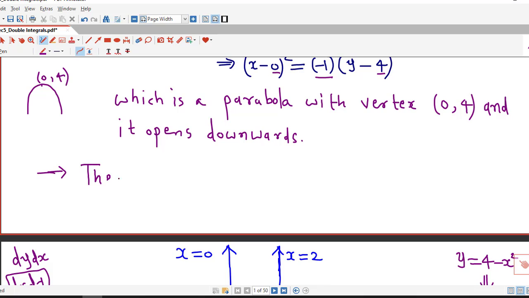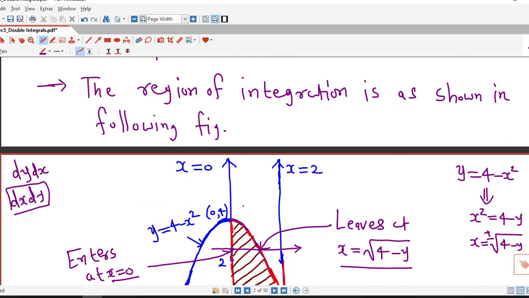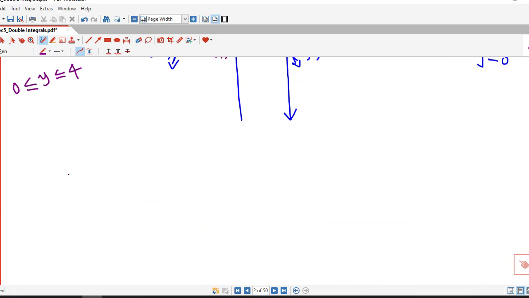Okay, so now we write that the region of integration is as shown in the following figure, and to change the order of integration we consider a horizontal line passing through the region.